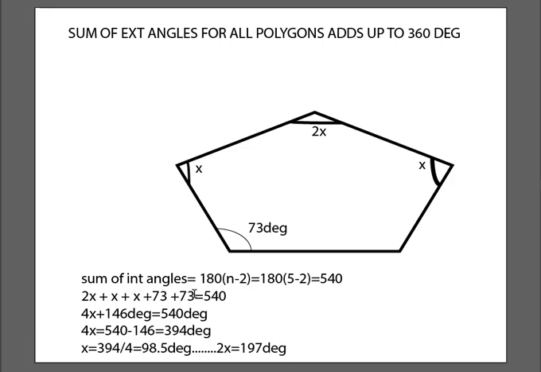So if it is above 180 degrees, it becomes obtuse and we might create some problems. But for working purposes, let's stick to x, and we are saying x is equal to 98.5 degrees. If x is equal to 98.5 degrees, we can find the exterior angle by saying 180 minus 98.5 degrees.